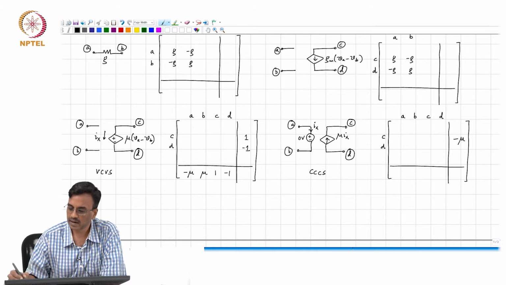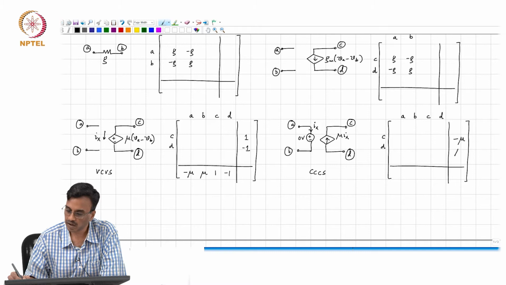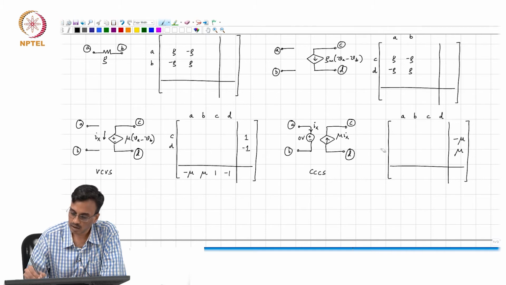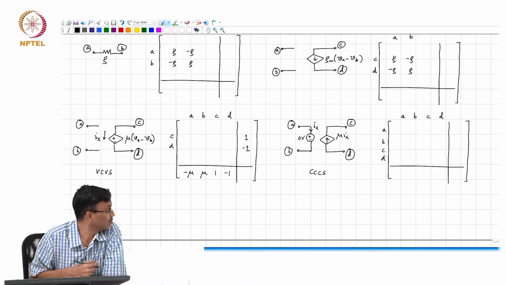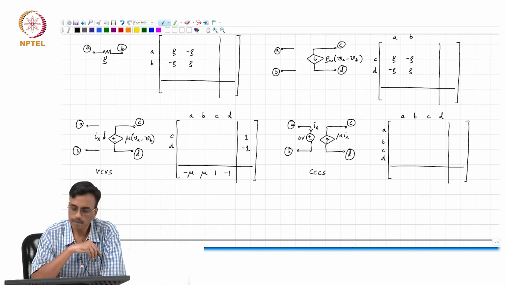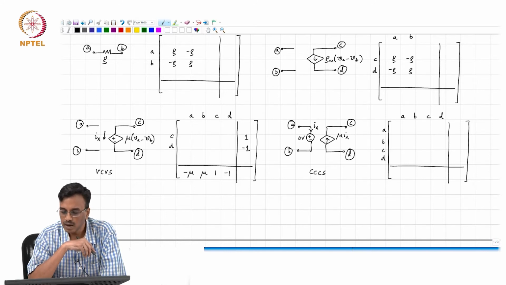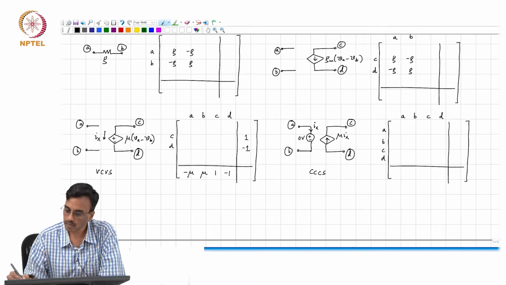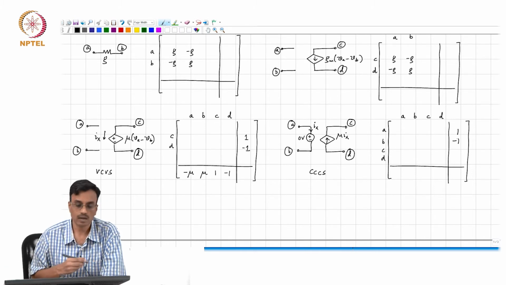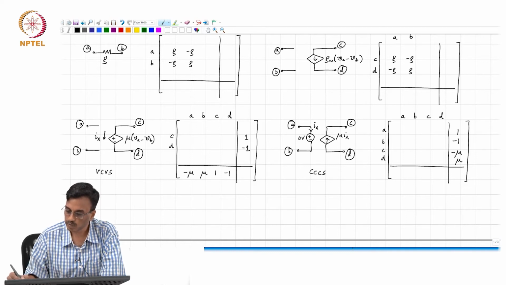Minus mu, and in the Dth row, plus mu. You will have entries in all 4 rows A, B, C and D, because there is Ix flowing out of node A and into node B, and mu times Ix flowing into node C and out of node D. So in nodes A and B you will have 1 and minus 1, and in node C minus mu and plus mu.